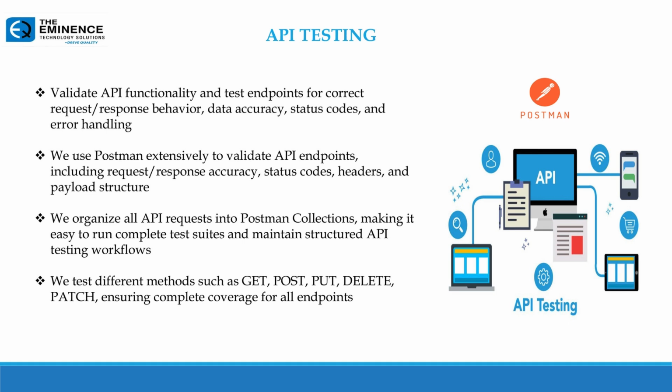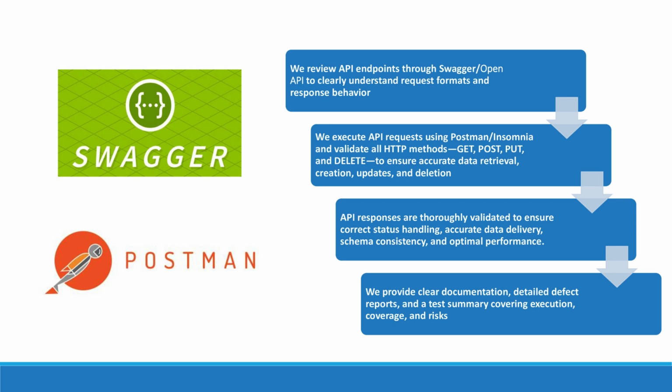Then here comes API testing. We validate API functionality by testing endpoints for request and response accuracy, data validation, status codes, and error handling. Here we use the Postman application to organize API tests into a structured collection, so that we can ensure full coverage across methods like GET, POST, PUT, DELETE, and PATCH.